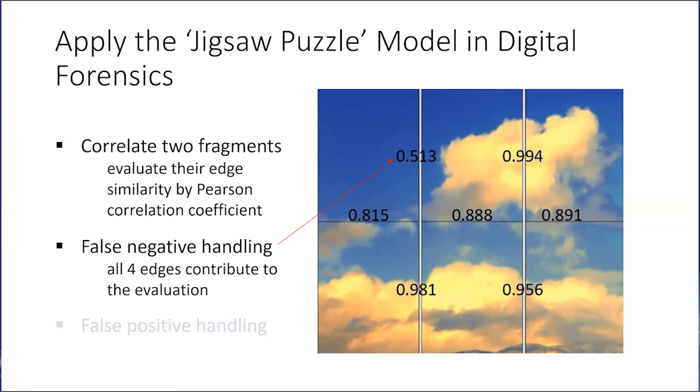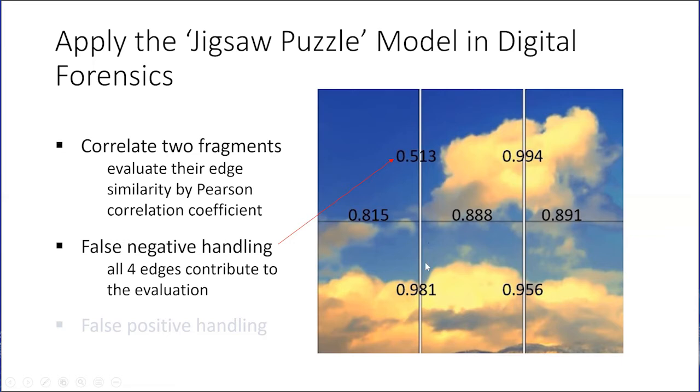Like in this picture, this is simplified jigsaw puzzle problem. When we try to correlate two pieces, we can use some method to calculate the correlation coefficient of the edges, to decide if the edges are similar. If the edges are similar, then we can estimate or we can guess they're probably adjacent.